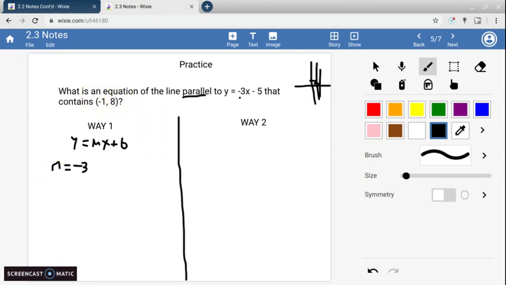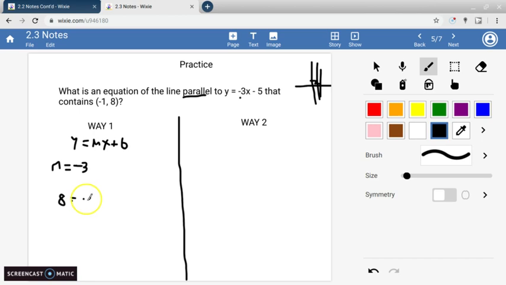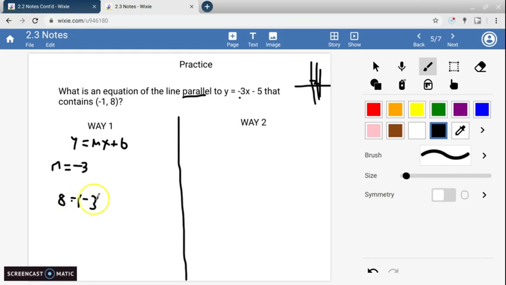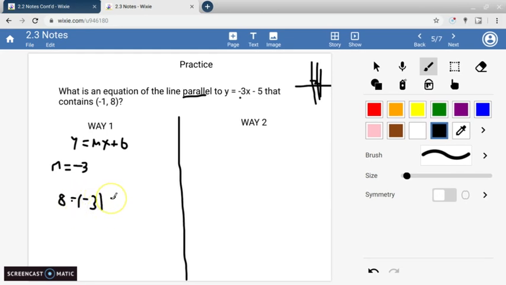So now we just plug in what we know. So we have 8, plug in the 8 for the y, then we do equals, and then we know the negative 3, that is the m, and then what is the x?